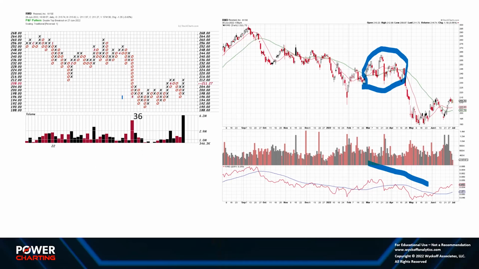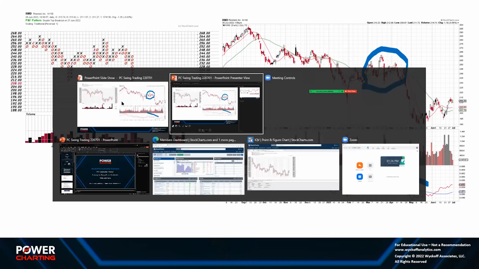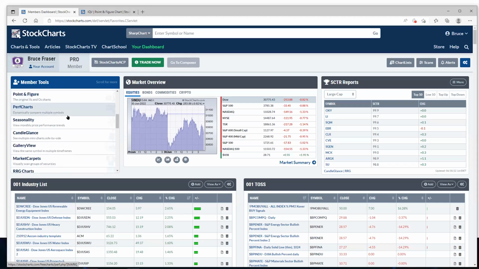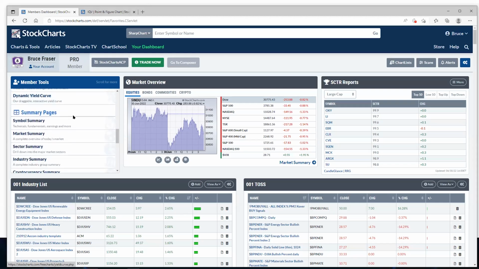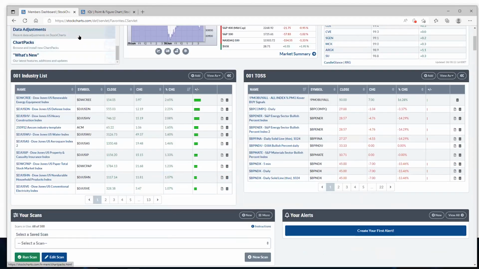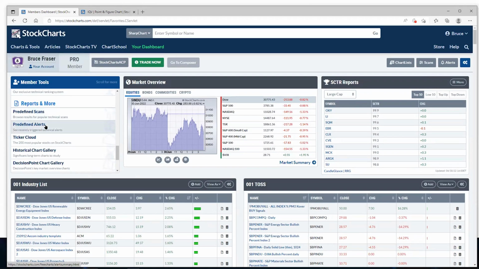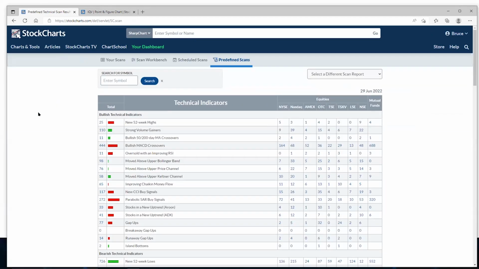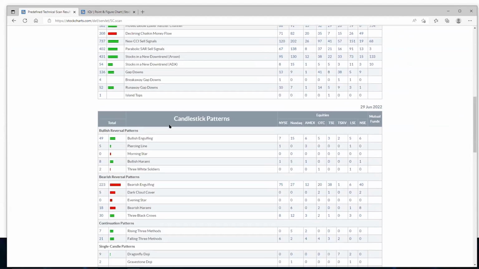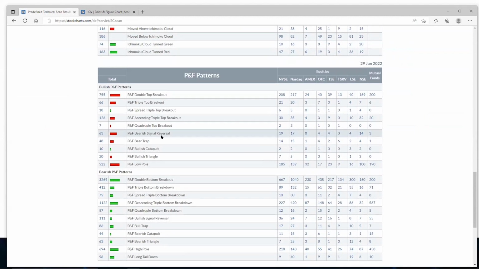And the last thing I really want to show is how you can use the StockCharts predefined scanning tools for the purposes of finding interesting ideas. So we go to predefined scans and look down here. There is candlesticks, and here we are in PnF patterns.